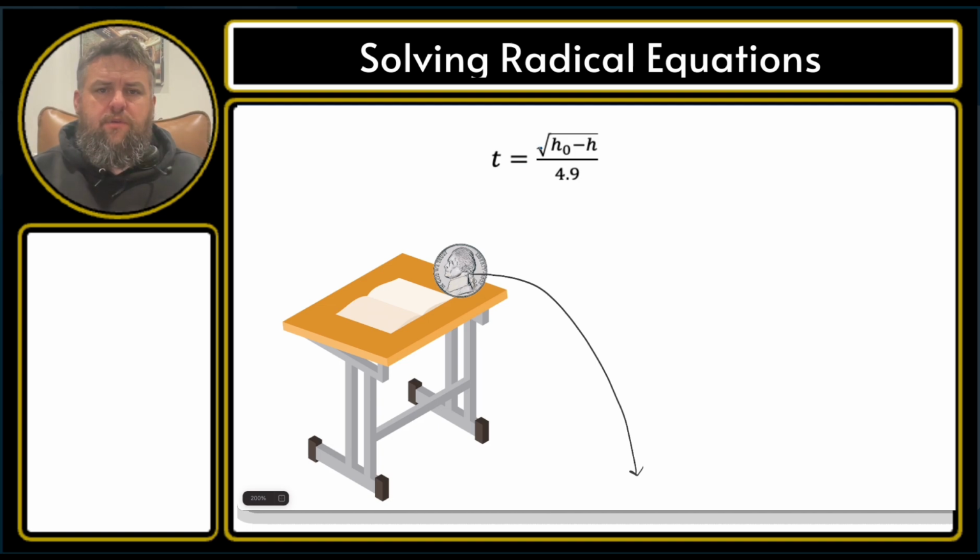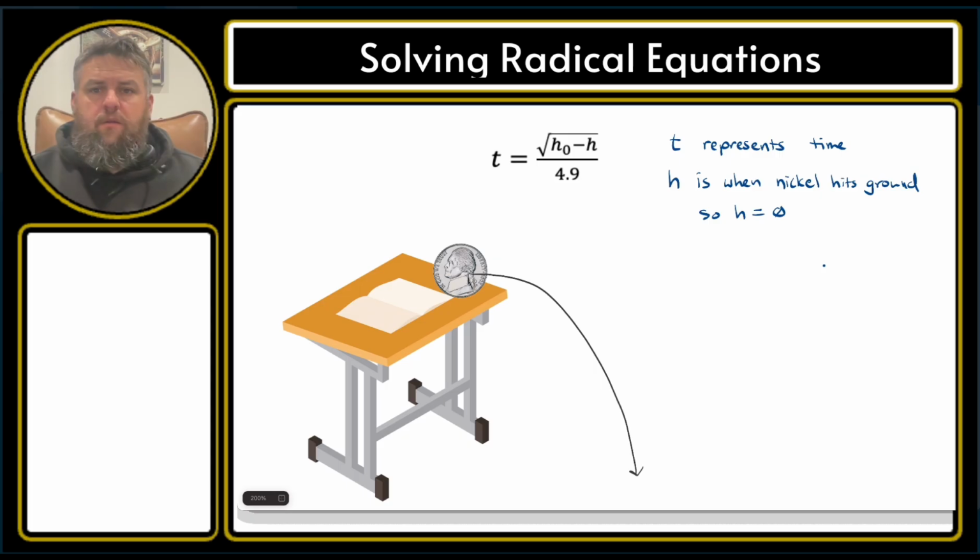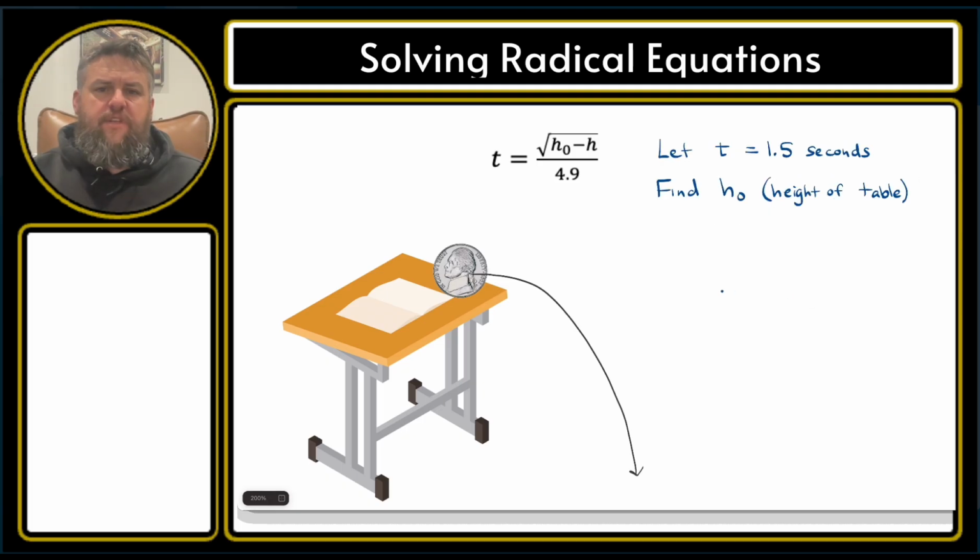T equals the square root of h sub 0 minus h, divided by 4.9, where t represents time, h is when the nickel hits the ground, so h will equal 0. So in this scenario, we're going to let t equal 1.5 seconds, and we're going to find h sub 0, which represents the height of the table.